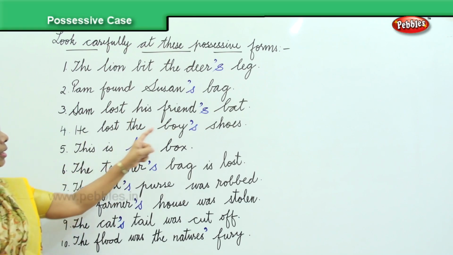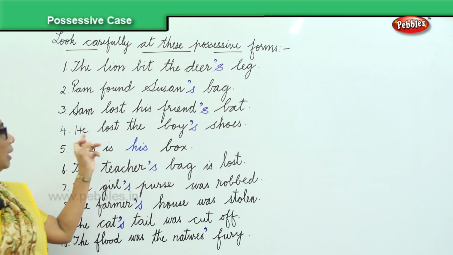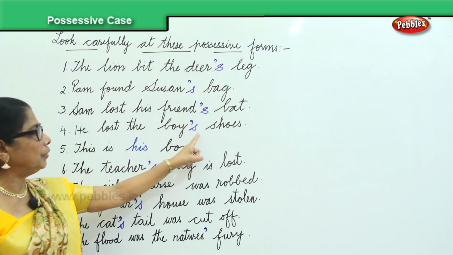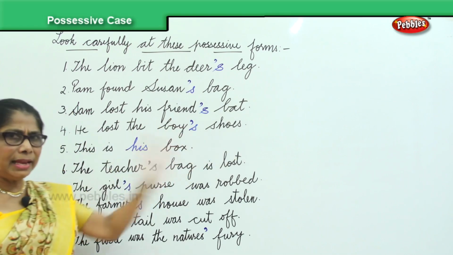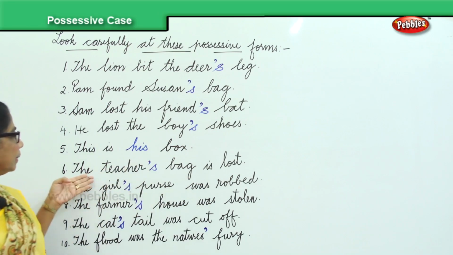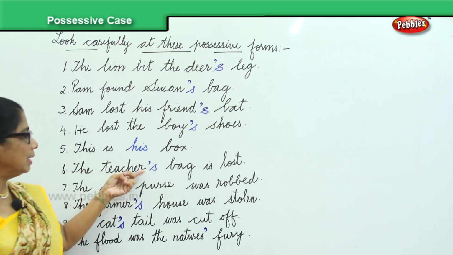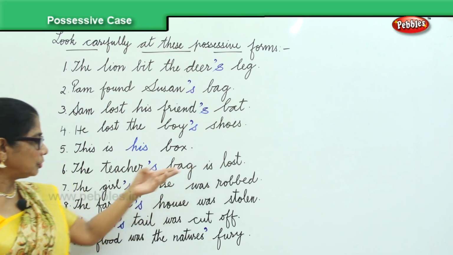He lost the boy's shoes. Whose shoes? The boy's. Who lost? He lost it. Boy's shoes, possession, apostrophe S. Then this is his box. The teacher's bag. Whose bag is lost? The teacher's. Teacher, apostrophe S, teacher's bag is lost.